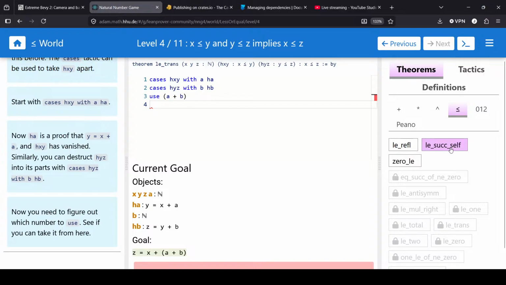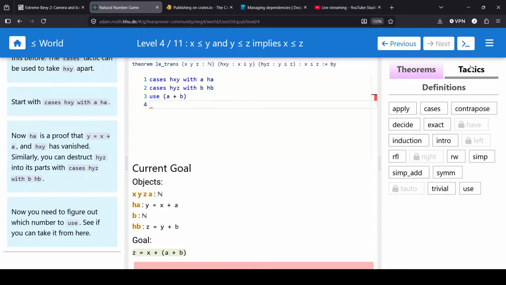Le suck self. C is hidden by the definition. It would be more clear if the backwards E was there. So there's like an implicit magic C attached to each of these, I guess.